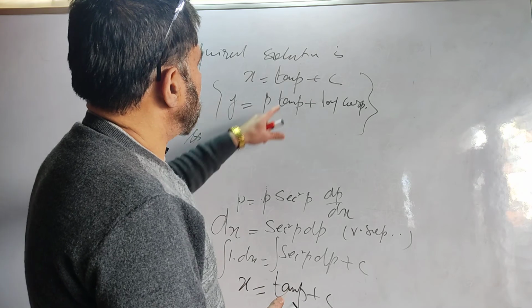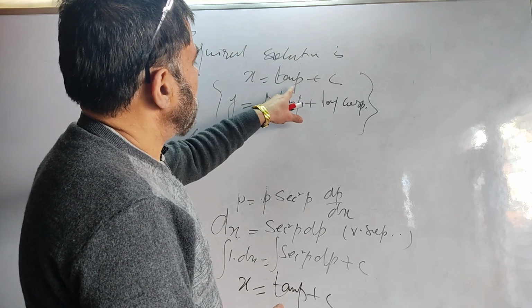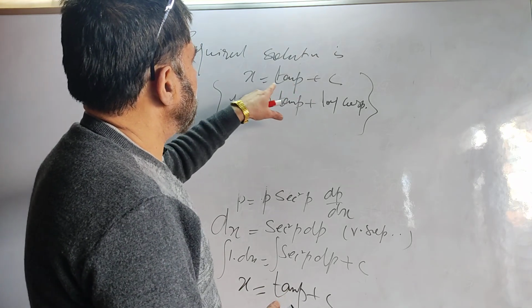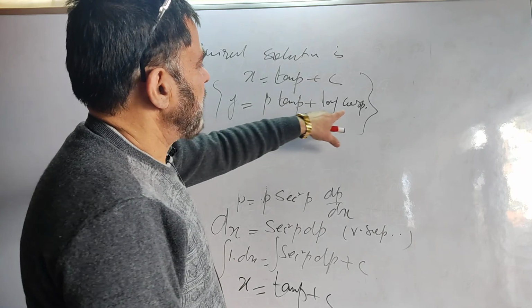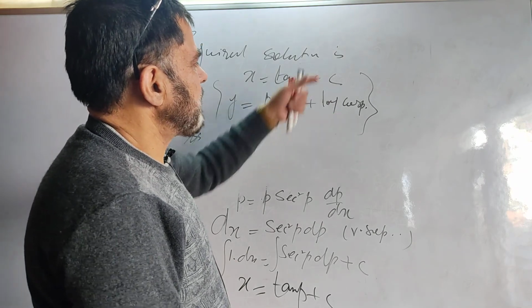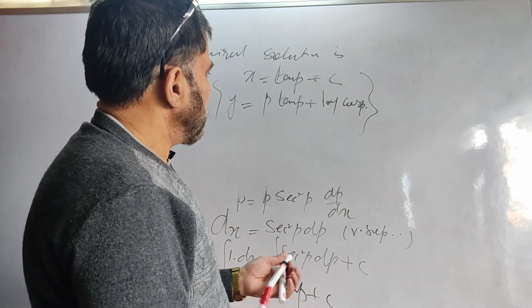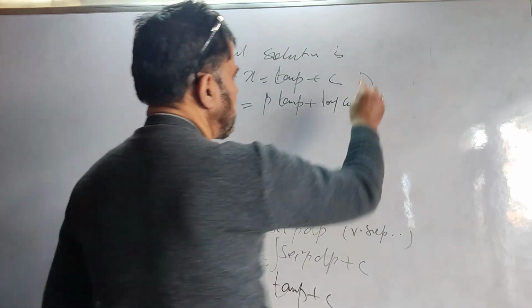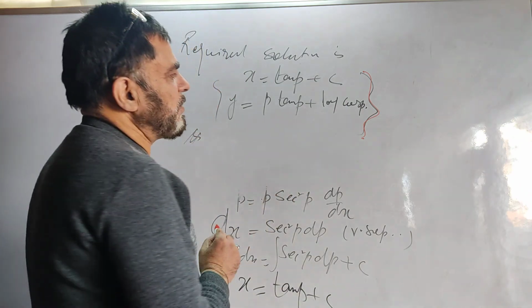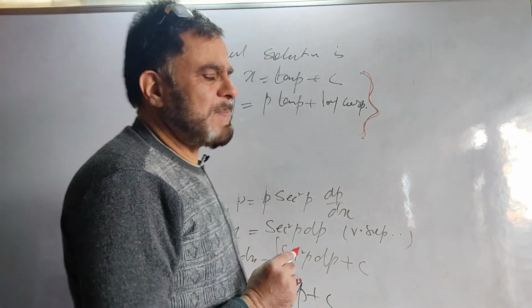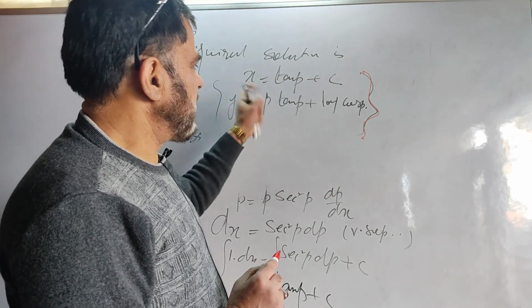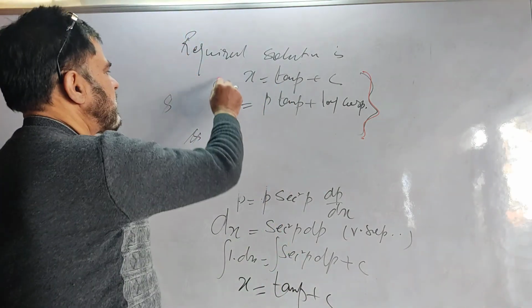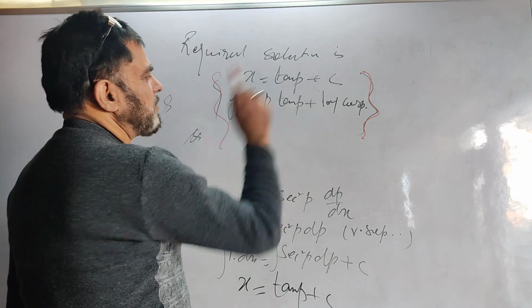Although you can write p will be tan inverse of x minus c, no doubt. Then you have to write tan p in terms of c, then convert log of cos p in terms of c, writing cos p in terms of sec square p and using the value of tan p. But the simple solution is this: x is equal to this, y is equal to this.